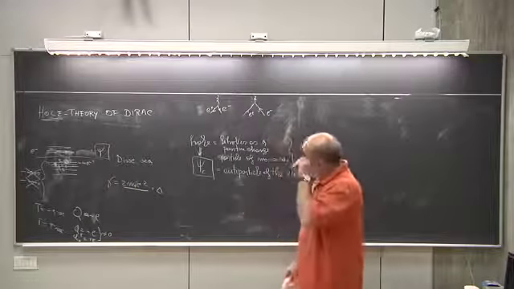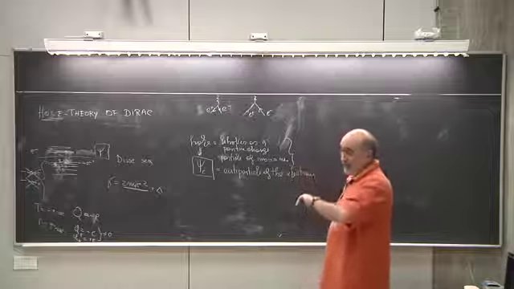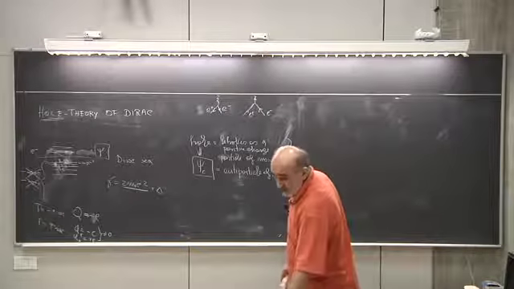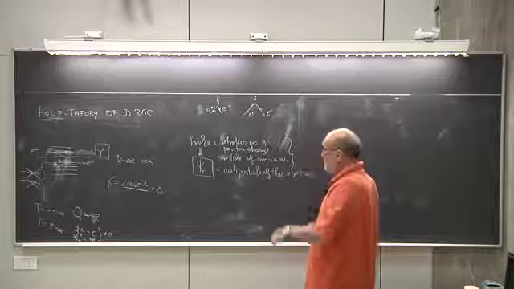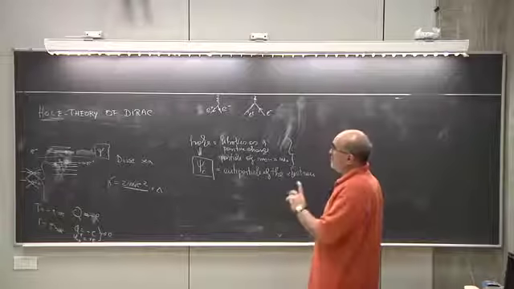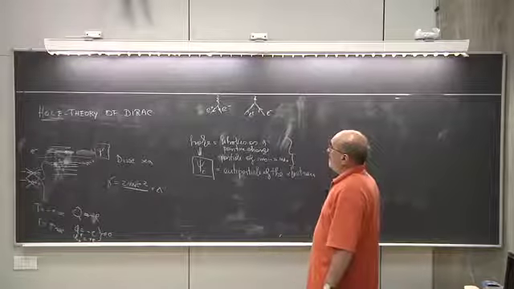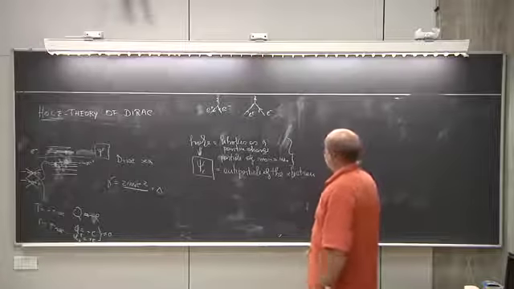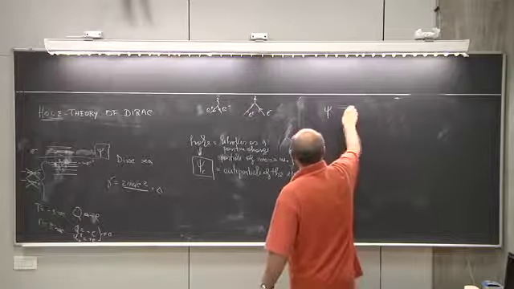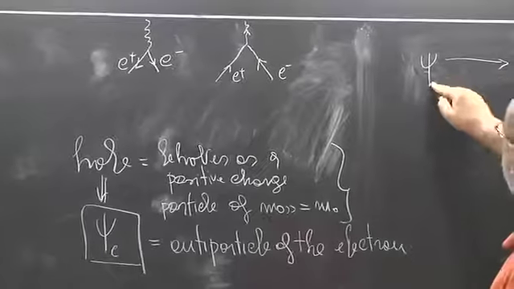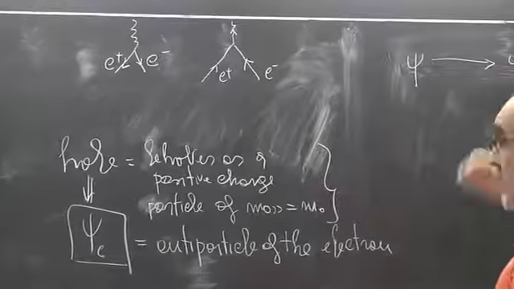Now, unfortunately we have a lot of technical things to do, so let's go to the question we want: is there a transformation that brings from psi to psi c?